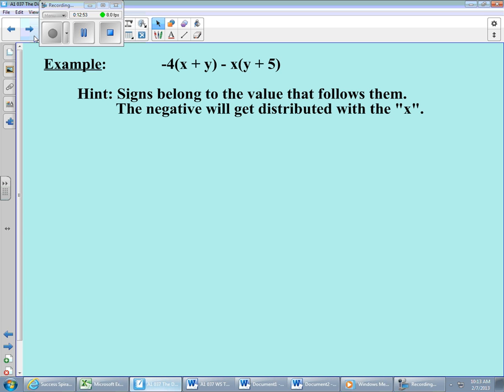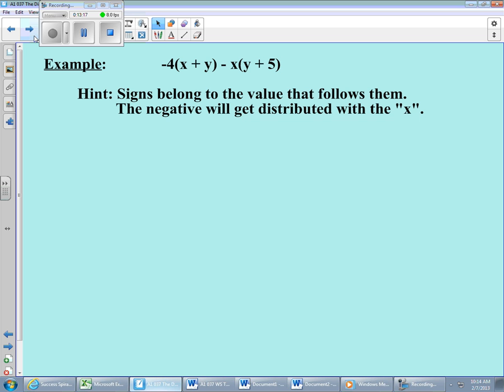There's only one more point I want to be able to make before I turn you loose on your own here. So have a look at this problem, and I did provide you with a reminder or a hint, however you want to call it. Okay, and it's something we need to remember. It causes us problems on our end of year tests every year. You must remember that the signs belong to the value that follows them.